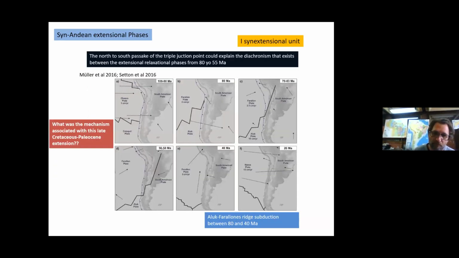So one plausible explanation for this diachronism through the Andes in the late Cretaceous to the Paleocene could be related to the subduction of the Aluk-Farallón mid-ocean ridge that was subducted next to the northern Chilean orogen at 80, which is the age of the extensional depocenters in the north. And this triple junction migrated to the south towards Patagonia and interacted with northern Patagonia in the Paleocene, which is the age of the depocenters in the south.